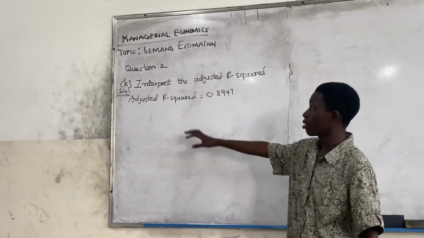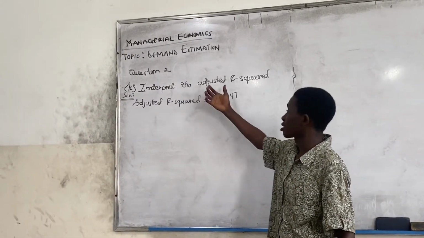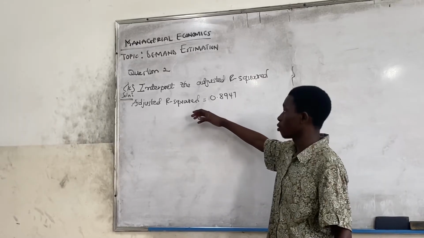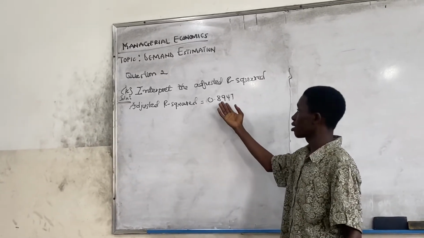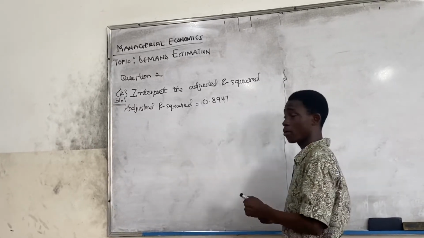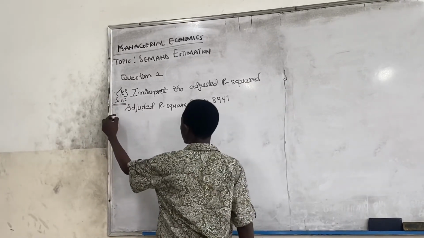Okay, so with the key, interpret the adjusted R square. Based on the table, we were given an adjusted R square of 0.8947. So use the same format. This is how we interpret it.